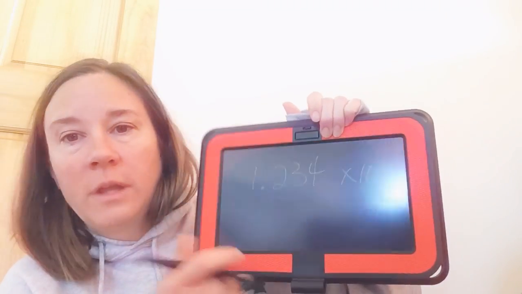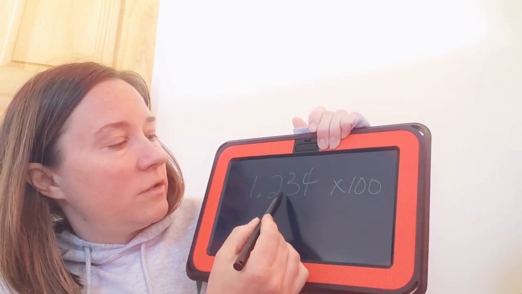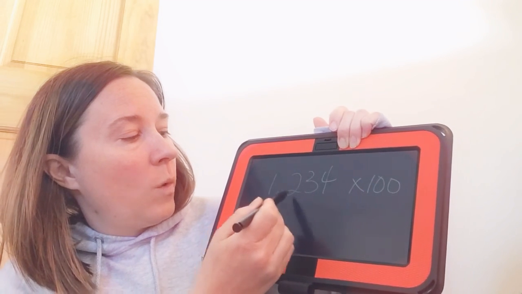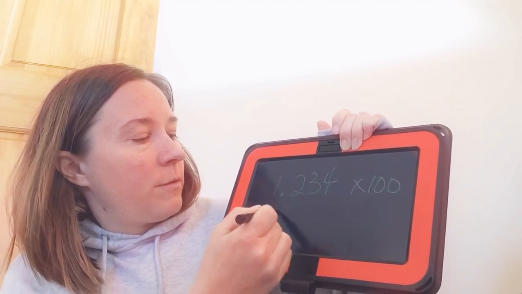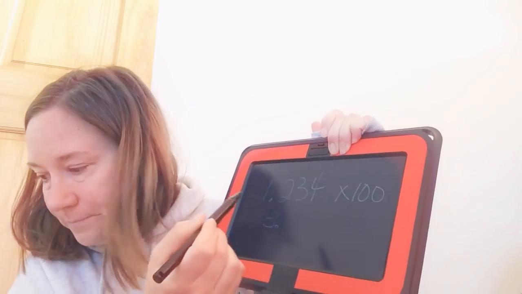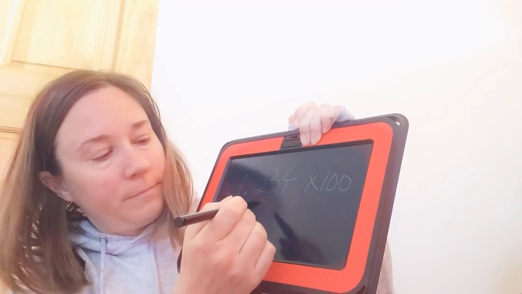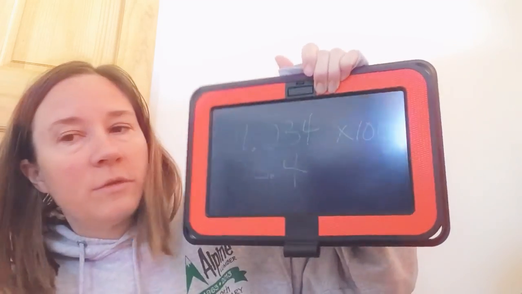That's how that works. This first example here, 1.234, and we multiplied this number by 100. Okay? I'm going to take these digits and shift them 1, 2, 3 places to the right, I'm sorry, to the left. I'm so sorry.